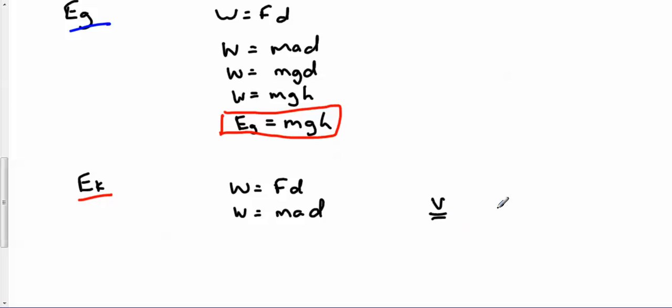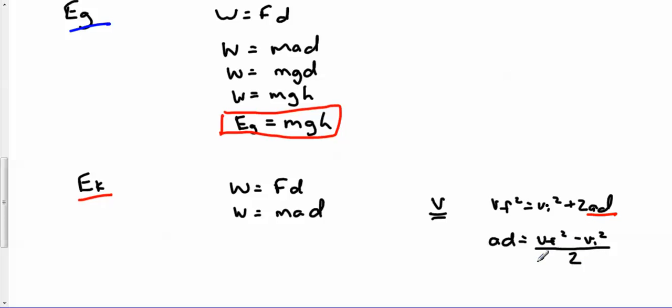Well, I know that there's a formula that has an A and a D in it. It's VF squared equals VI squared plus 2AD. So I isolate for AD, I get AD equals VF squared minus VI squared all over 2.